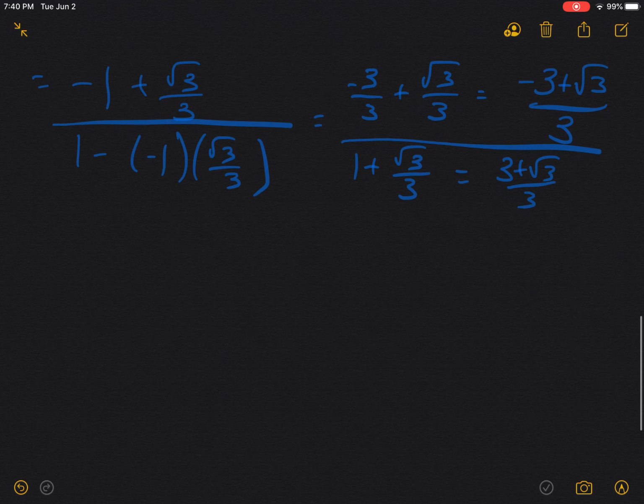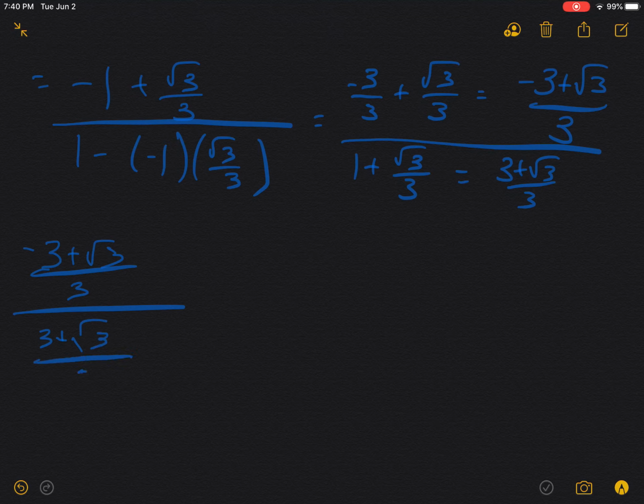Okay, so now this is what my fraction looks like. Negative 3 plus square root of 3 over 3 over 3 plus square root of 3 over 3. Now, algebraically, what I have to do there is turn this into one fraction. I can't have a fraction over a fraction like that. So how do you divide?